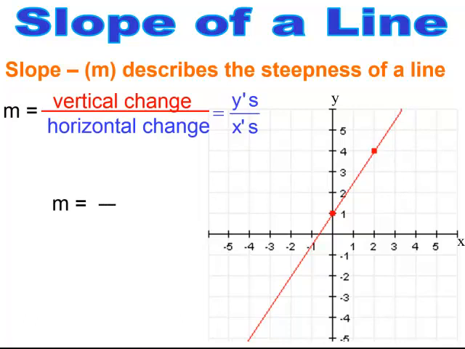So finding the slope of this line, it's going to be m equals, and I'm going to find my horizontal change by going from the one point and counting how far horizontally it is from the second point, and I see that it's 2 spaces away, so the horizontal change, or my x values, is 2. And now I'm going to count my vertical change, and I'm going to see that it goes up 3, so the vertical change is 3. So the slope for this line would be 3 over 2, or 3/2.